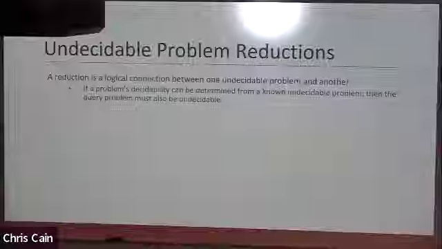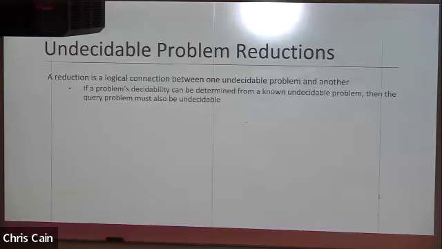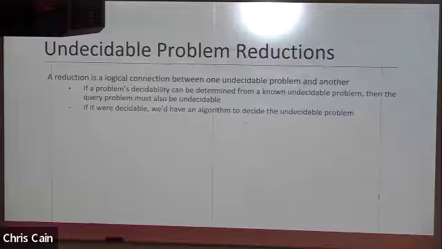So yeah, a problem's undecidability can be determined from a known undecidable problem. Then the query problem must also be undecidable. If it were decidable, we'd have an algorithm to decide the undecidable problem, which we know can't exist.